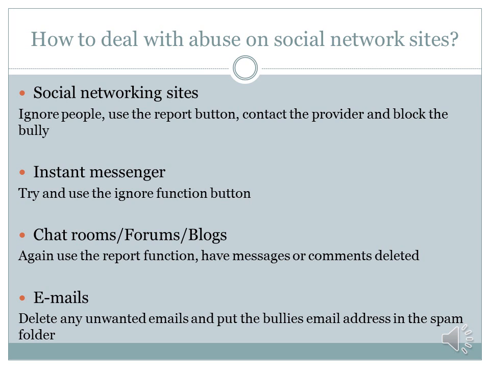For instant messenger, I would say try to use the ignore function, and that's what victims of cyberbullies can do. For chat rooms, forums and blogs, again you could use the report function and have messages or comments deleted. For emails, delete any unwanted emails and put the bully's email address in the spam folder.